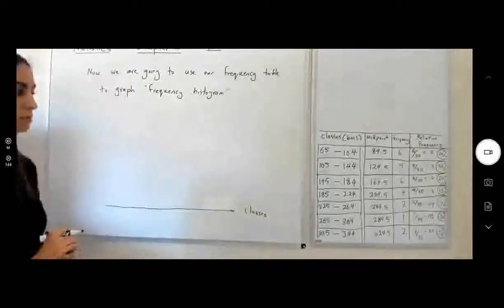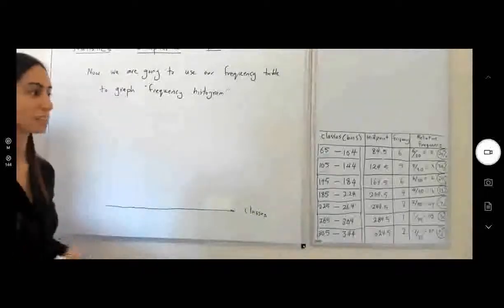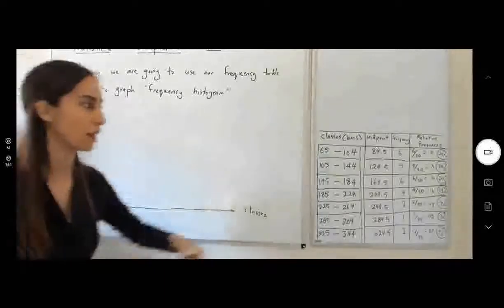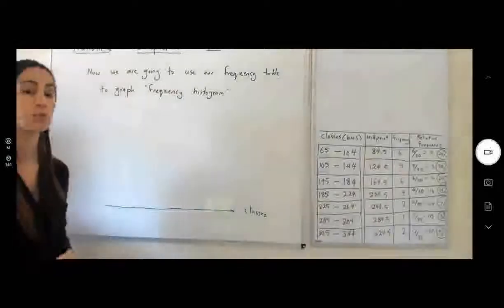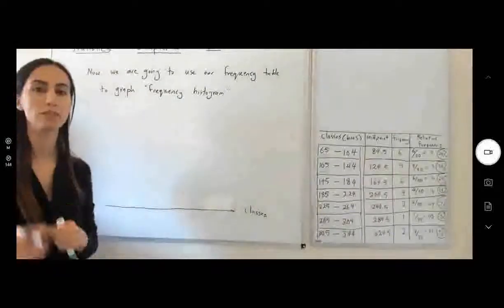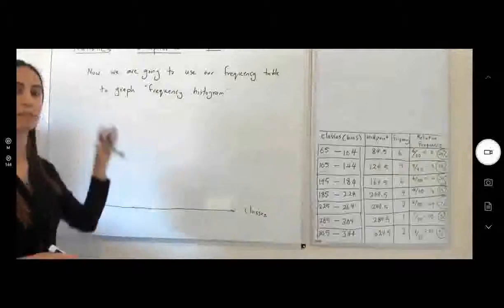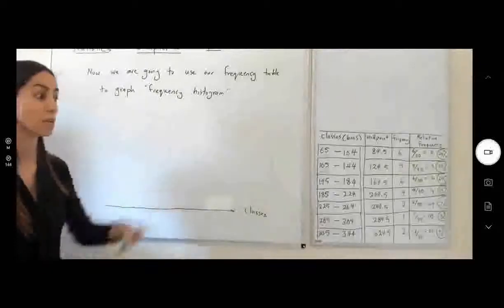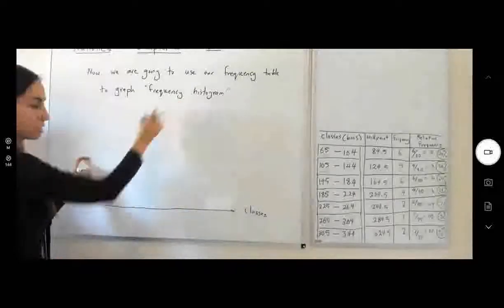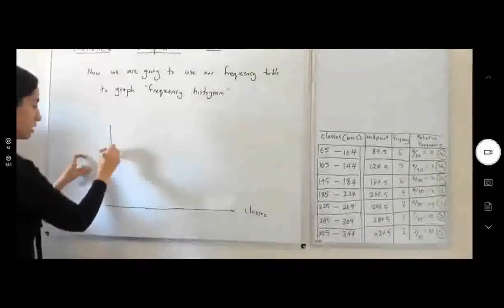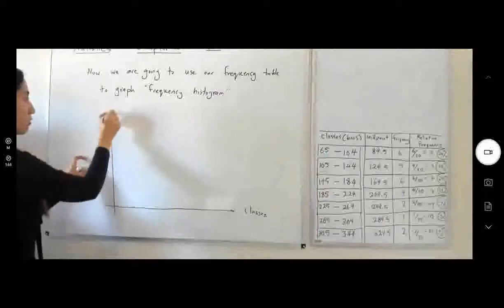Okay. What about the vertical axis? On the vertical axis, you're actually using your frequency, or if you're using a relative frequency histogram, on the vertical axis you're going to use relative frequency. Since it's just a frequency histogram, on the vertical axis we're going to use our frequency.